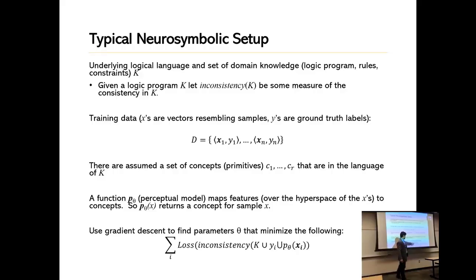The knowledge base, the ground truth, dealing with the results of the perceptual model, right? Because if some of the concepts in the perceptual model are combined with K, for each sample, it should give you the label of sample I and not something wrong.